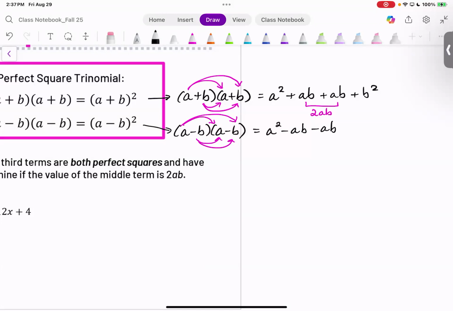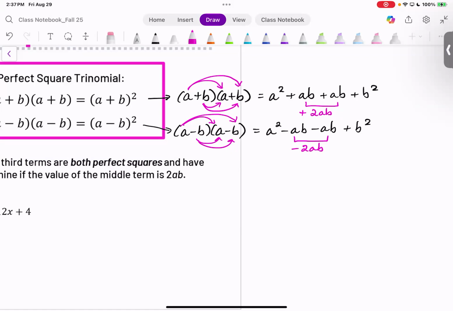And then negative B times negative B is positive B squared. It works out the same way, except that instead of being plus 2AB, I get minus 2 times A times B, because I have two of those identical terms.